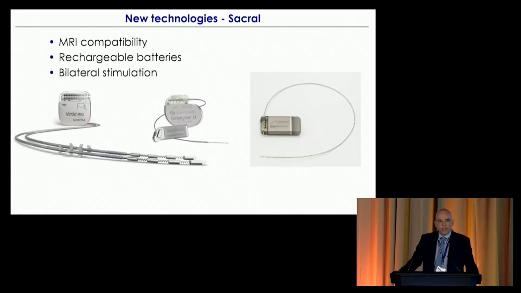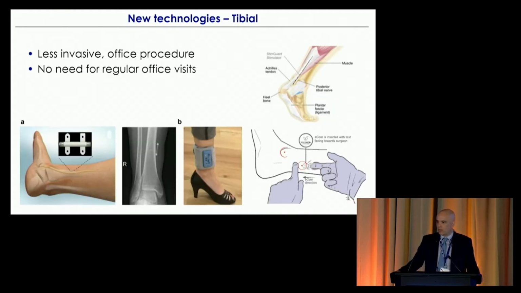And with new technologies reaching the market, we have a challenging and very exciting environment to discuss where to place the leads, both for sacral neuromodulation as well as for tibial nerve neuromodulation. And we have two real experts in the field to discuss and present opposing views on this lead placement.